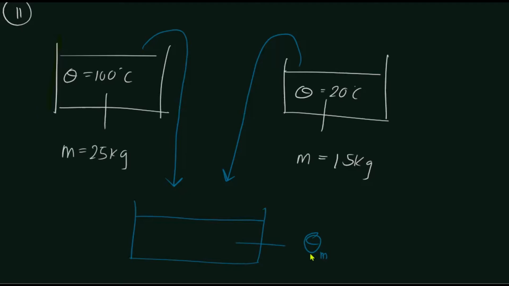So now, who is going to supply heat? This water vessel, the water column in this vessel, is going to supply heat to this other one, which is going to absorb the heat supplied.